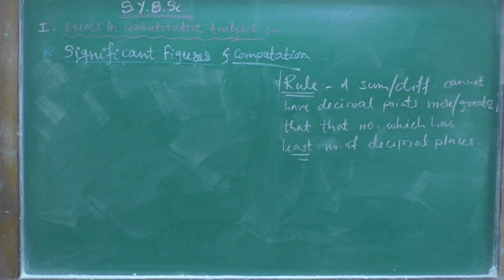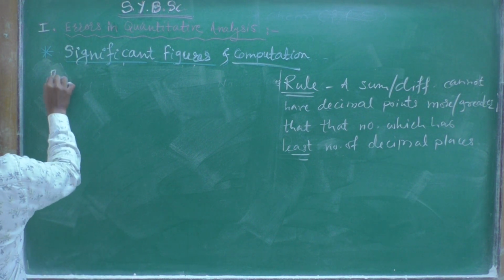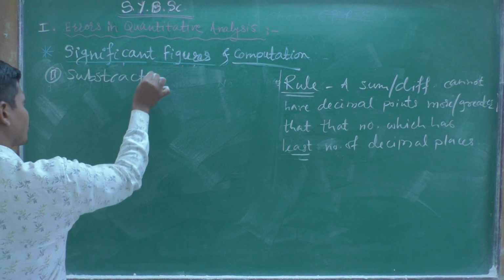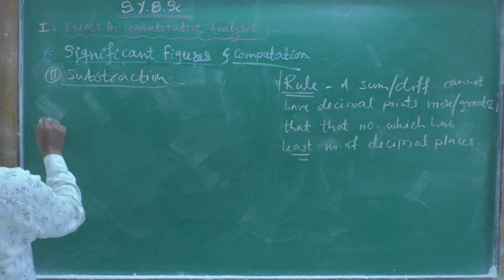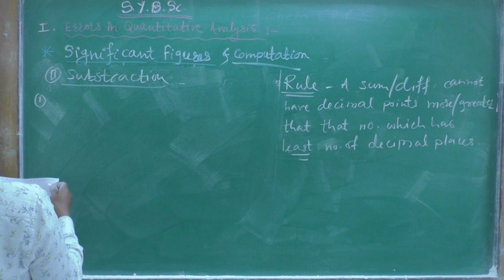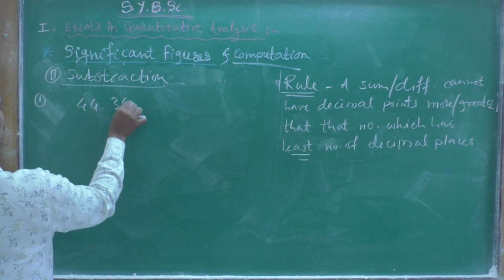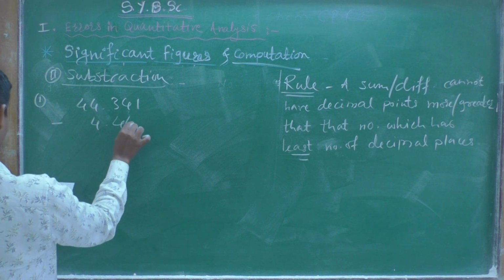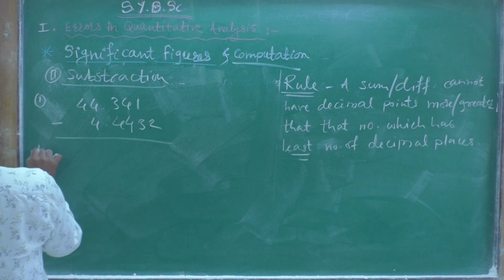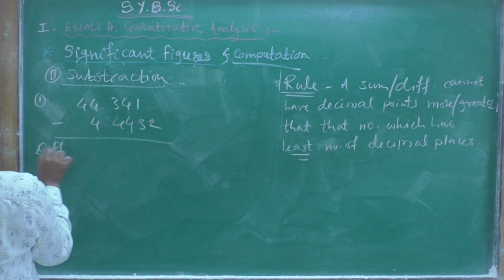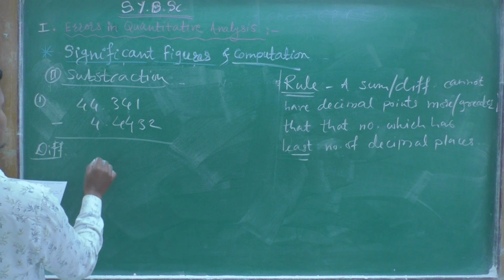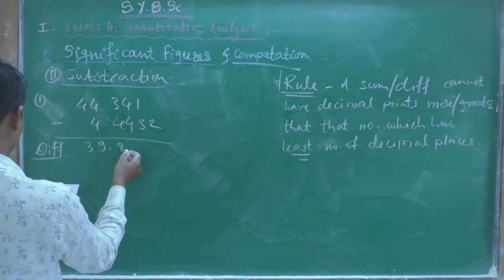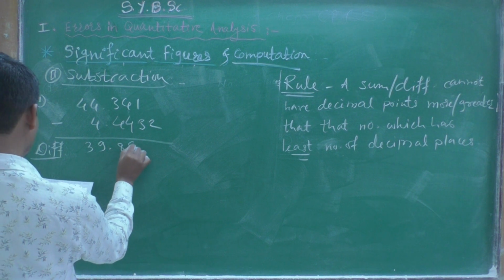Take the first example: 44.341 minus 4.4432. What will be the difference here? You can use your calculator or calculate manually: 39.8978.